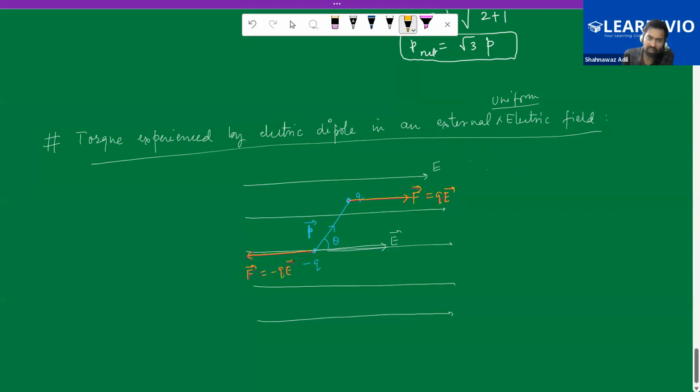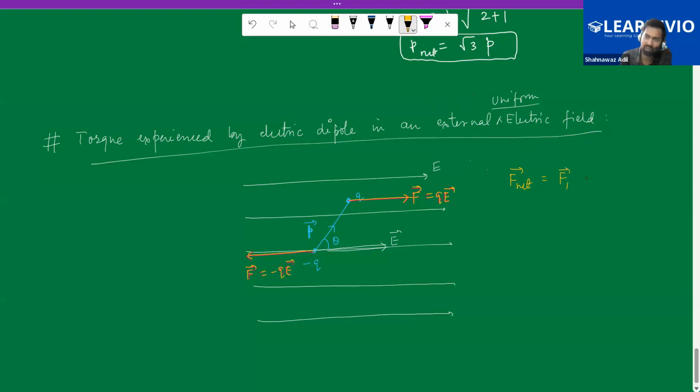You see that the magnitudes of these forces are equal, but they are in opposite directions. So how much is F net? That would be qE plus minus qE. F1 plus F2, that is the F net.